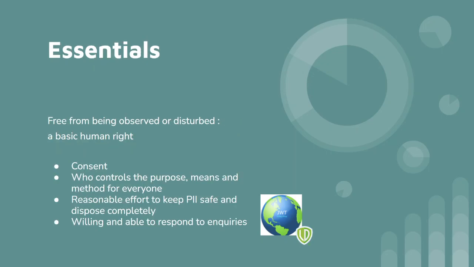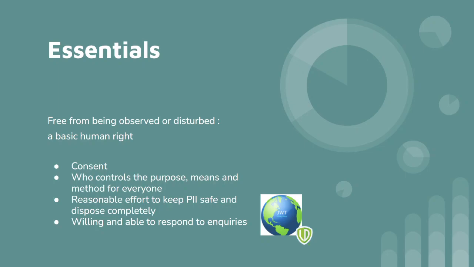So the essentials. Privacy is being free from being observed or disturbed, which really is a basic human right. Everyone has the right to have their personal information protected. That's why it's essential that before collecting personal information, every organization must get consent. Who controls the purpose, the means, and the method is often referred to as the data controller, and typically this is whoever is originally collecting the PII.